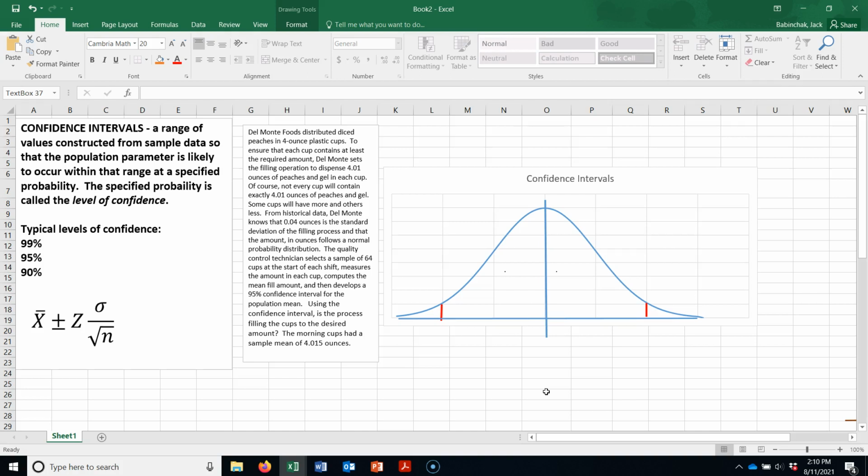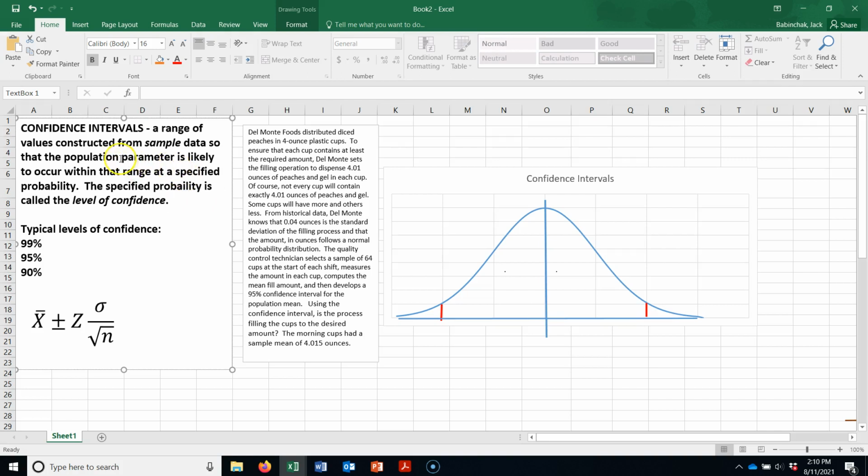So a confidence interval is defined as a range of values constructed from sample data. Make sure we know that. So that the population parameter is likely to occur within that range at a specified probability.